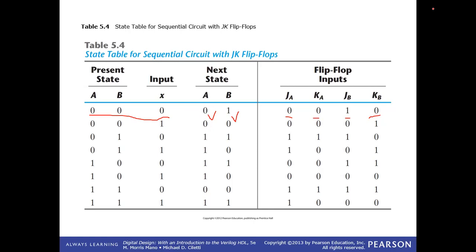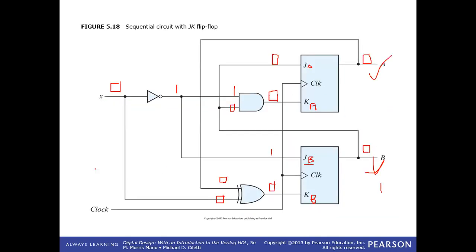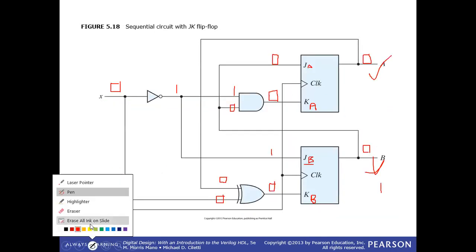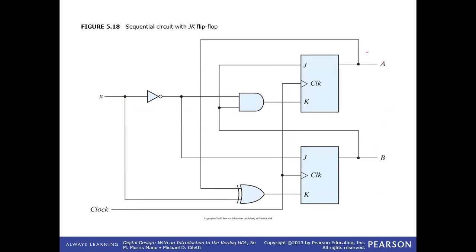Okay. So let's discuss a couple of more cases where we have AB 1, 0 and we apply input 0. So if AB is 1, 0, it is on the slide. So A is 1, B is 0, and X 0 is applied. What happens now? A 1 over here, a 1 over here. What's the input over here? 0.